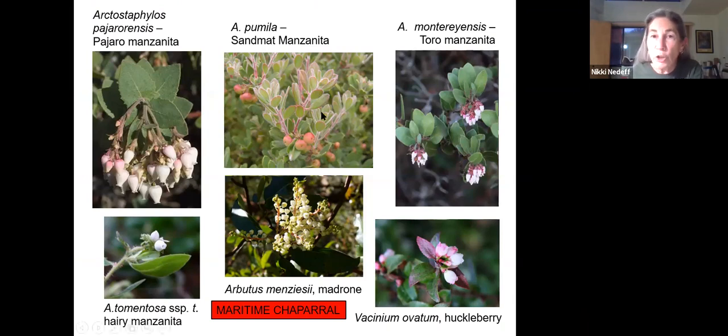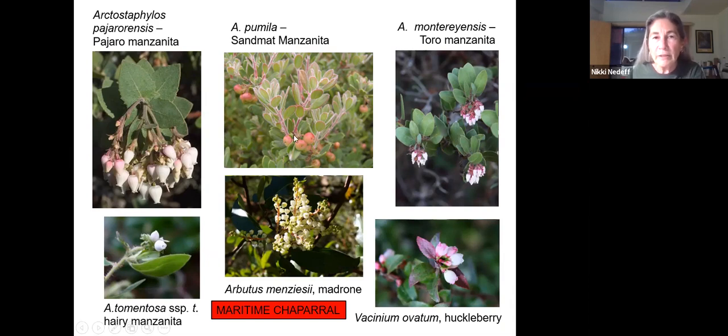They superficially look the same. They all have these fused petal corollas, these campanulate or bell-shaped flowers, urceolate or urn-shaped flowers, kind of a synonymous word. Superficially, they all look the same.